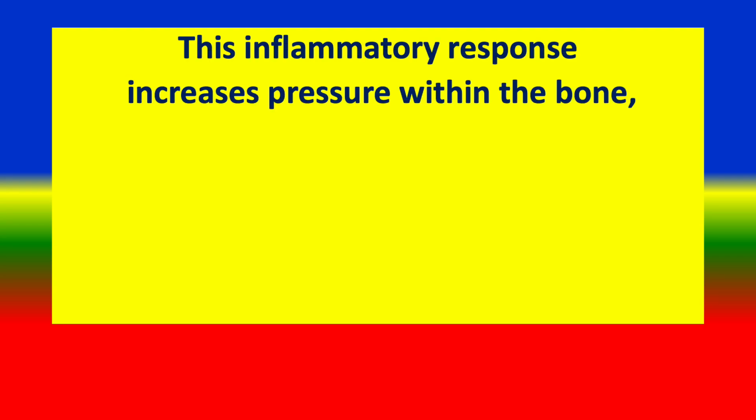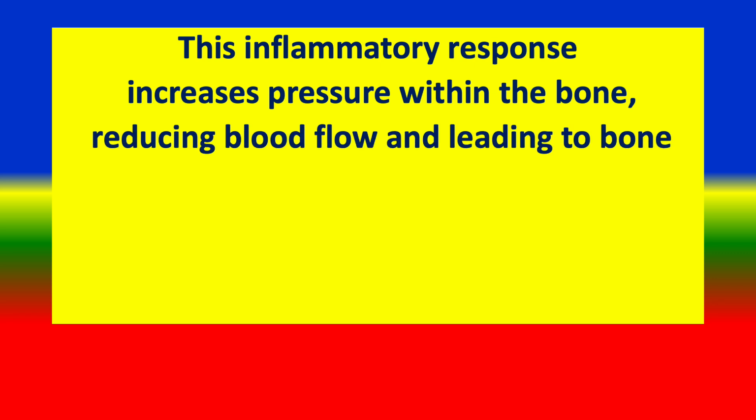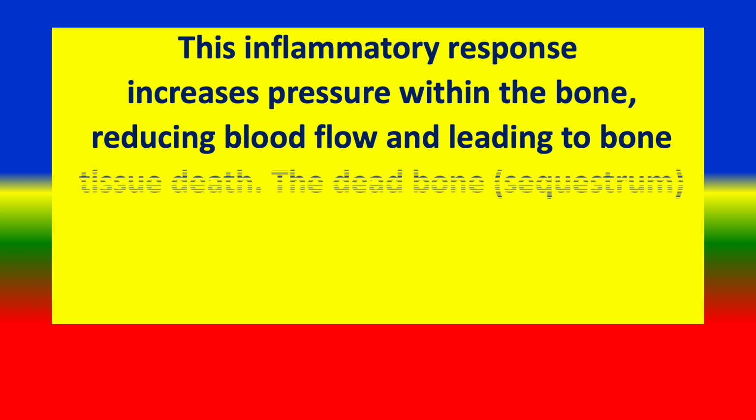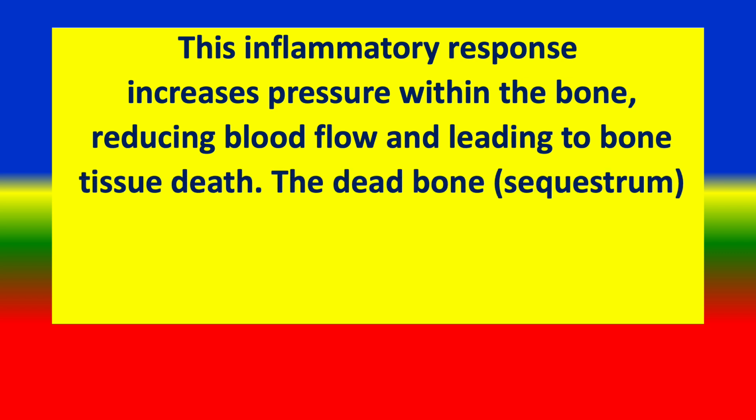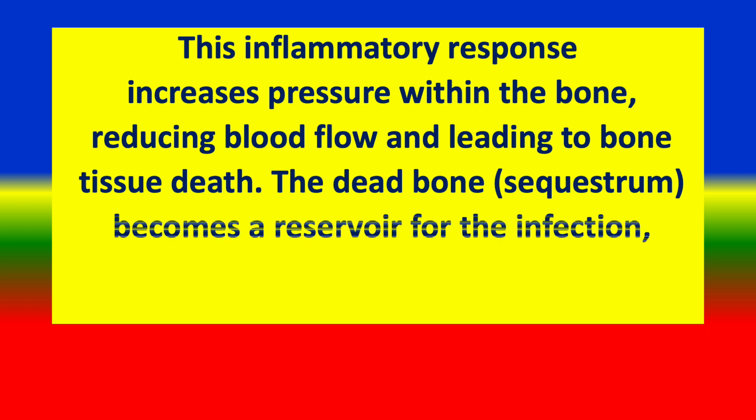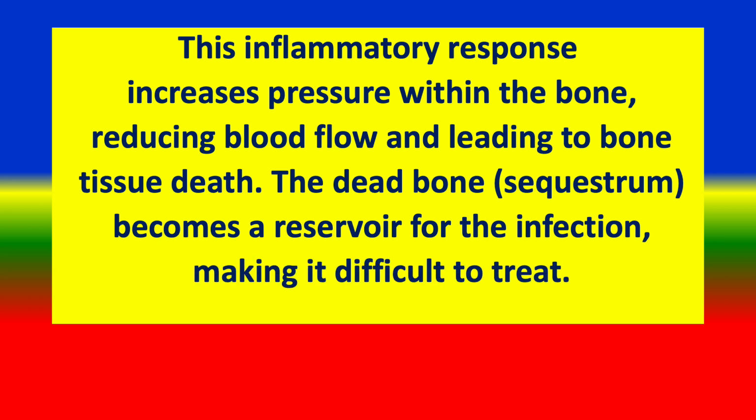This inflammatory response increases pressure within the bone, reducing the blood supply and flow, and leading to bone tissue death. The dead bone becomes a reservoir for infection, making it difficult to treat.